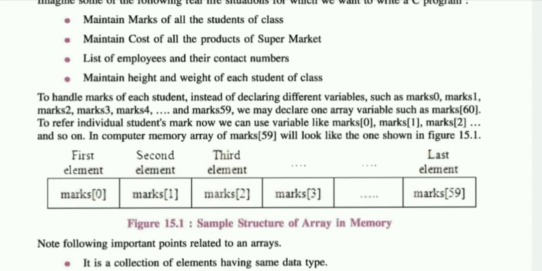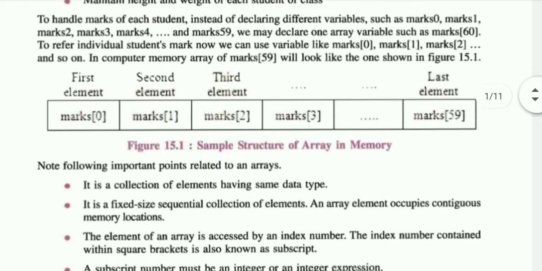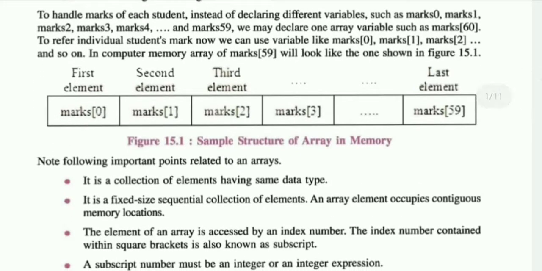So here are the important points that we have to remember about the array. First, the array is a collection of elements that have the same data type, which we already discussed before. So all the marks variables belong to the same data type, that is integer.